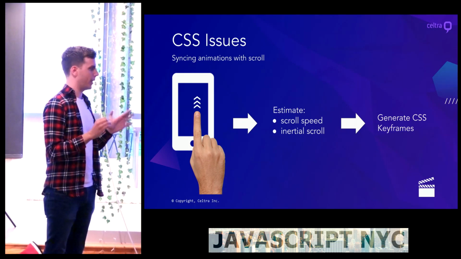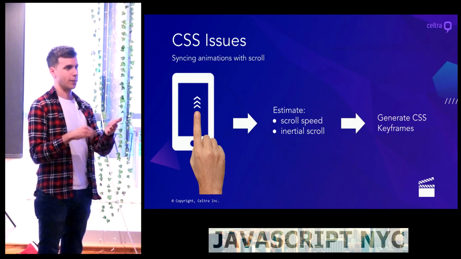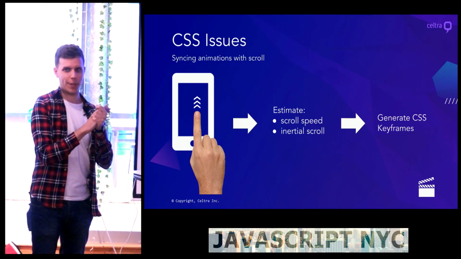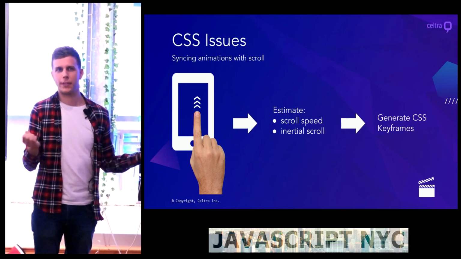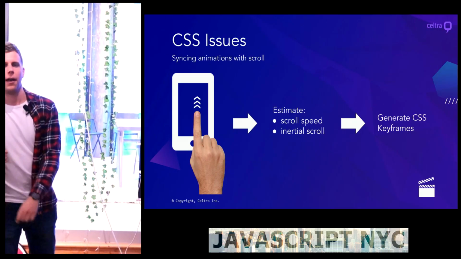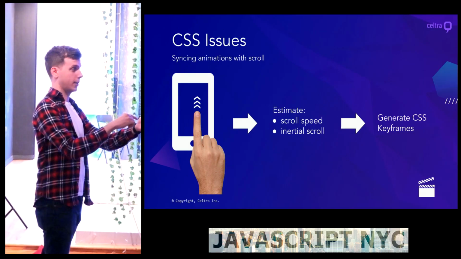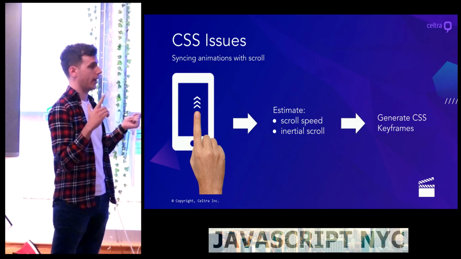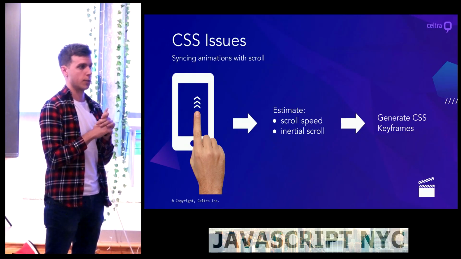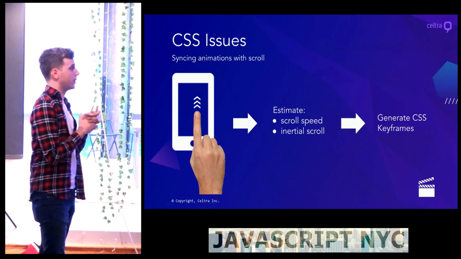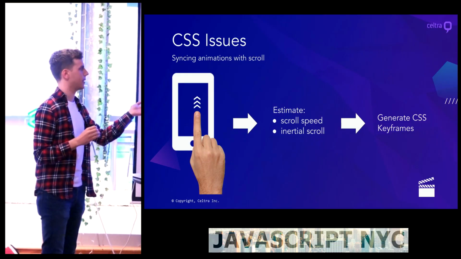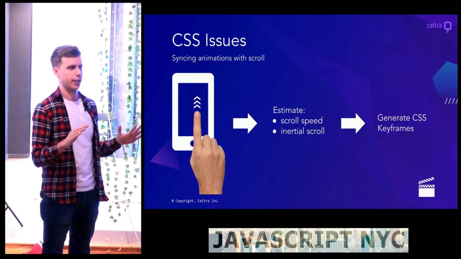In order to do that, we would have to generate the keyframes in advance when a scroll starts. And this even sounds like a stupid idea, but anyway, let's dig into it. When a scroll starts, we would first have to estimate the scroll speed. Based on that, we would have to estimate the duration of the scroll. And based on that, we would then generate the keyframes in advance, right? If you want the CSS animation engine to take care of everything.